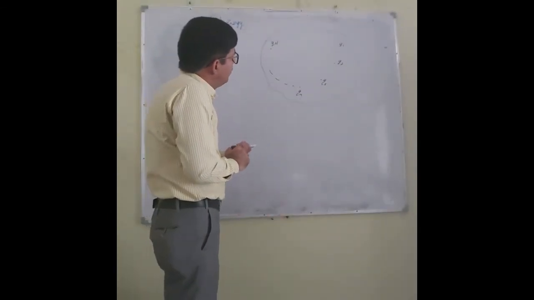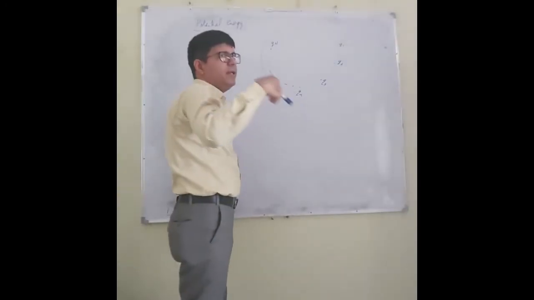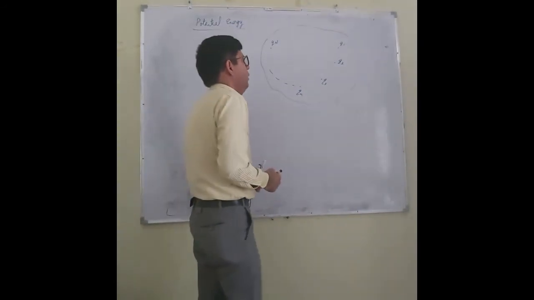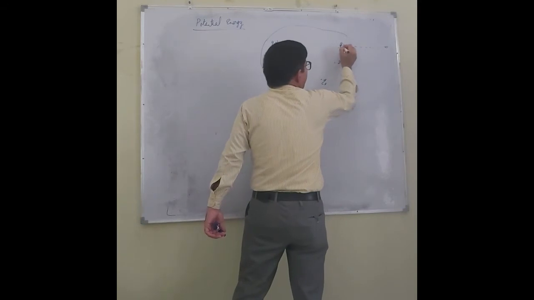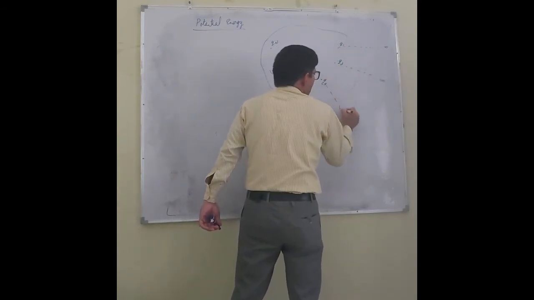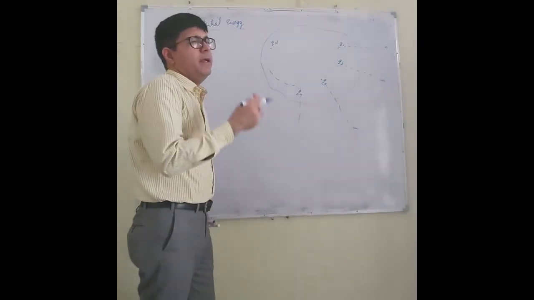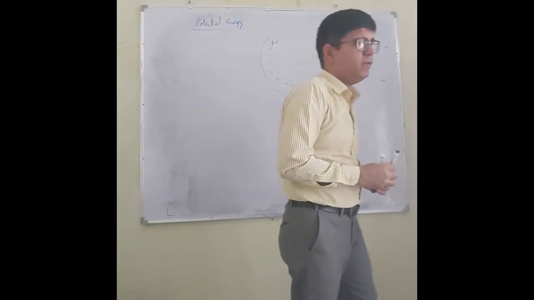If I assume that Q1, Q2, Q3, Q4 up to Qn were at infinity in the beginning, then how much is the work done from infinity to these points? That work done is called the electric potential energy due to the system of charges.